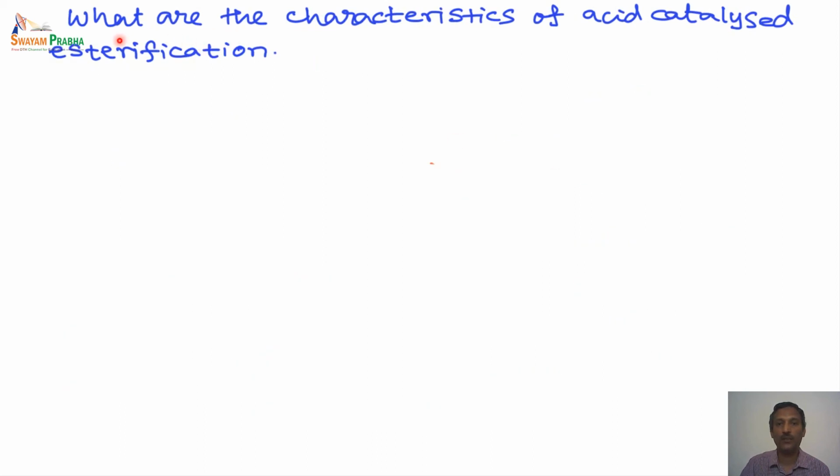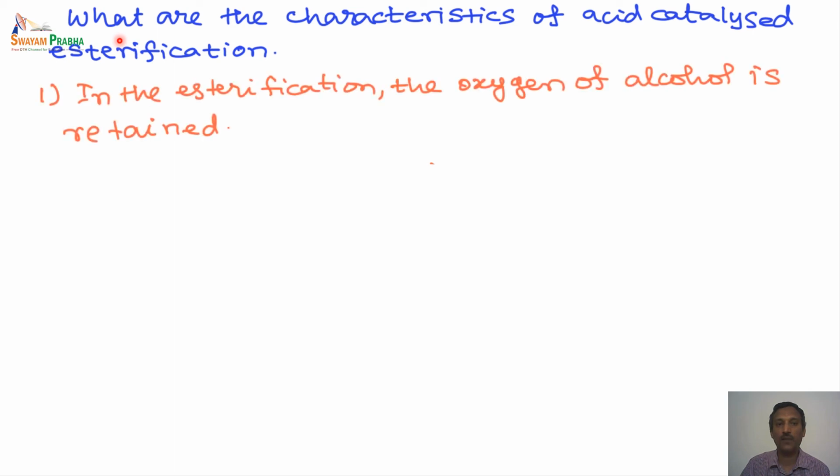Let us look at what are the characteristics of acid catalyzed esterification reactions. So in the esterification reaction, basically the oxygen of the alcohol is retained. In other words, if we have the RCOOH, simply the hydrogen is replaced by R dash, that is possible, or this OH is lost and this RO is incorporated.